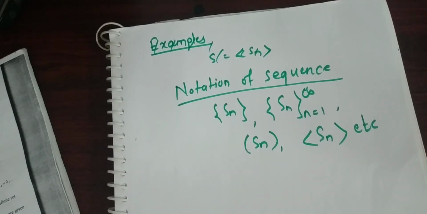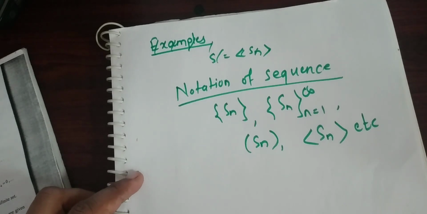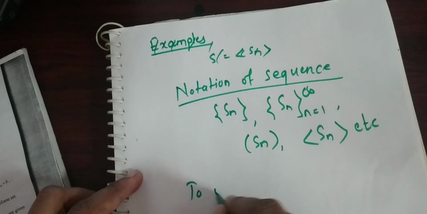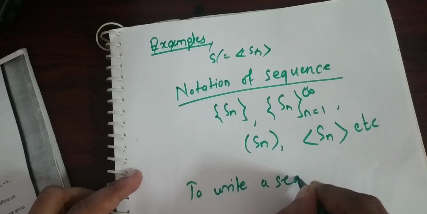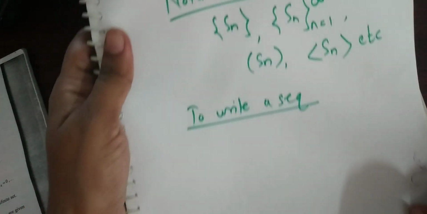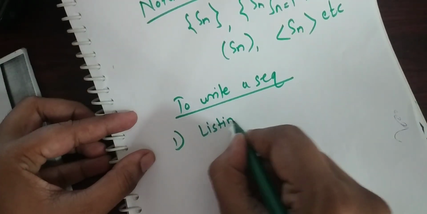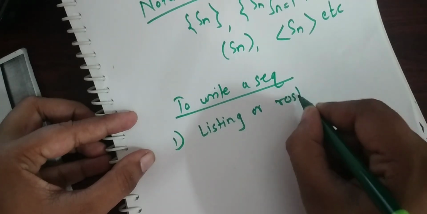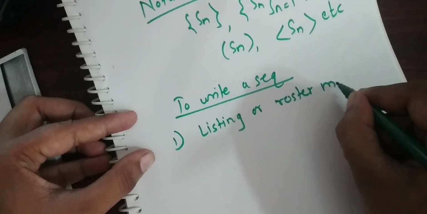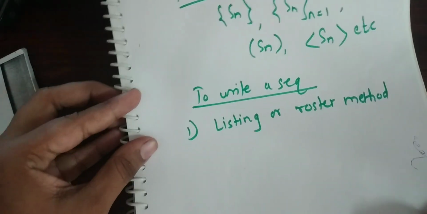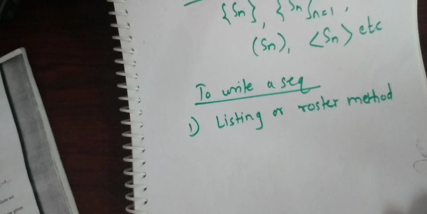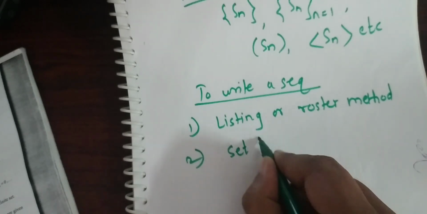Next, there are three methods to write a sequence. The first method is listing or roster form, the roster method. The second method is set builder, or you can say the rule method.